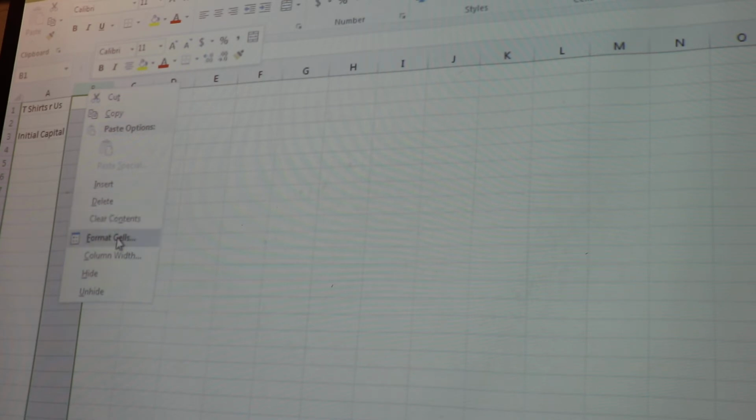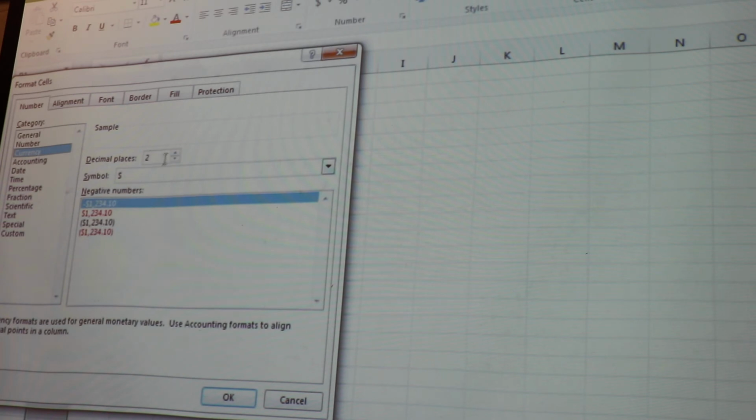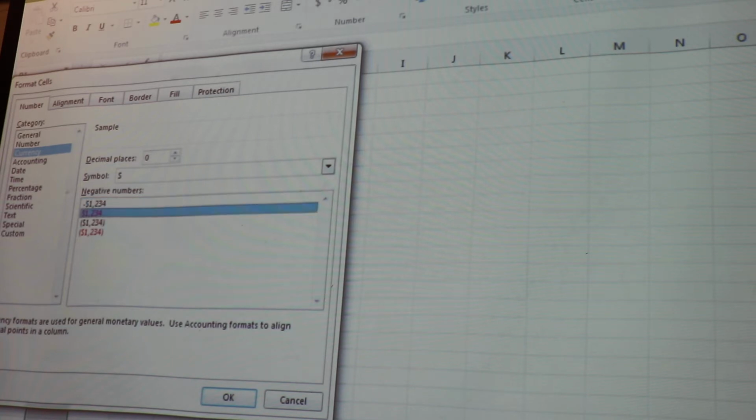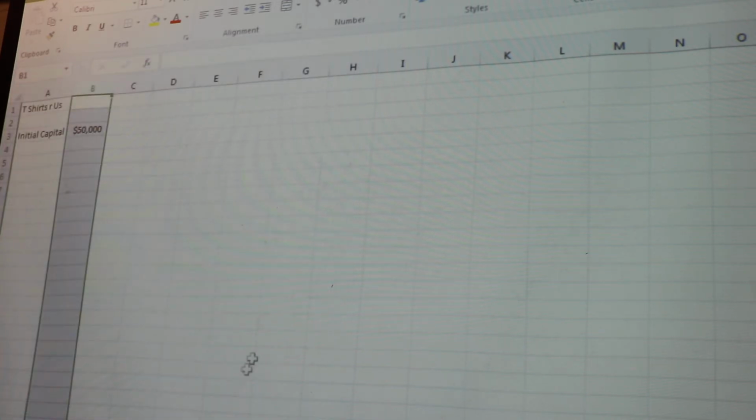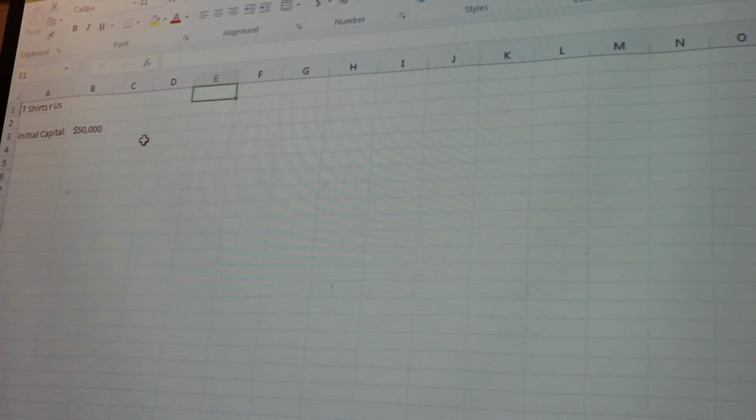You don't have to do this. I'm going to make it currency with 0 decimal places, and switch to where it shows negatives in parentheses in red, just because I prefer that. And again, if something changes, we change it on here.